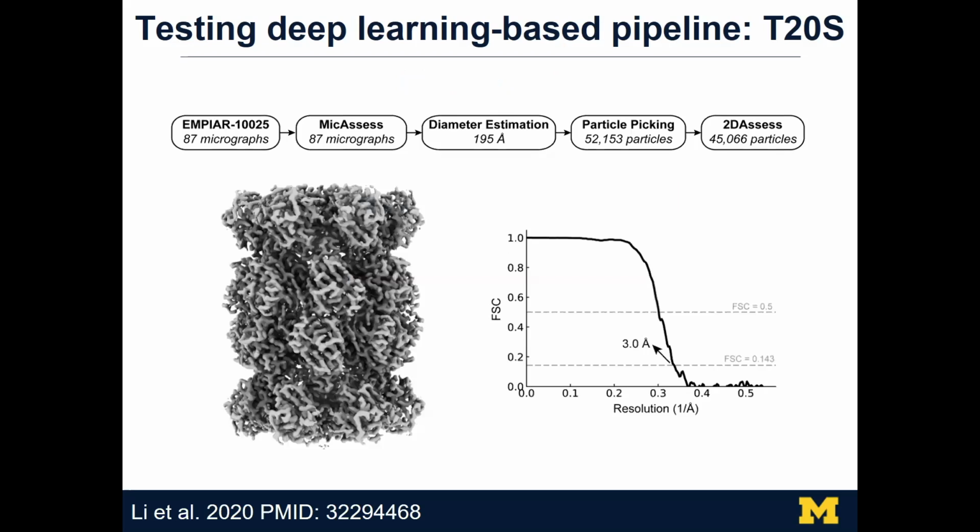We used what is output by the pipeline and just did a 3D refinement with symmetry expansion, and we can obtain a 3.0 angstrom structure very easily. This is without any post-processing. We don't try to aim for a high resolution. This is just 1 round of 3D refinement in CryoSPARC.